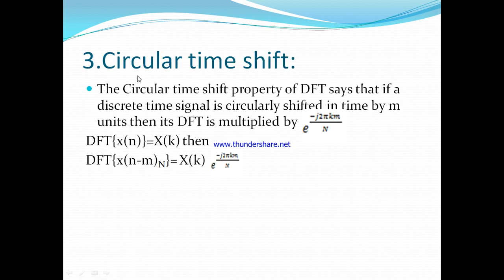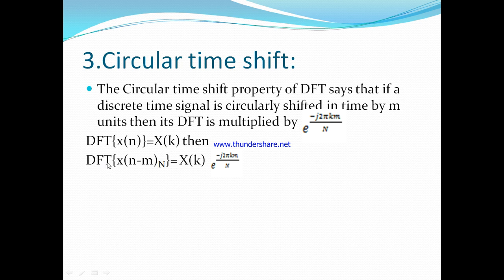Next one, circular time shift. The circular time shift property says that if a discrete time signal x of n is circularly shifted in time by m units, then its DFT is multiplied by e power minus j 2 pi k m by N. That means the DFT of x of n is X of k.